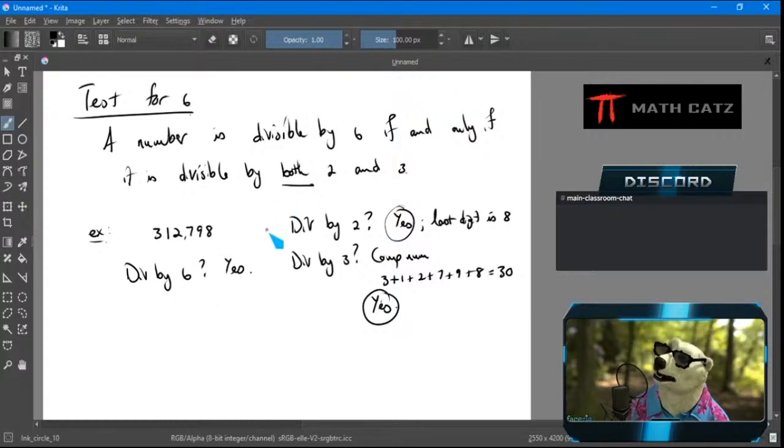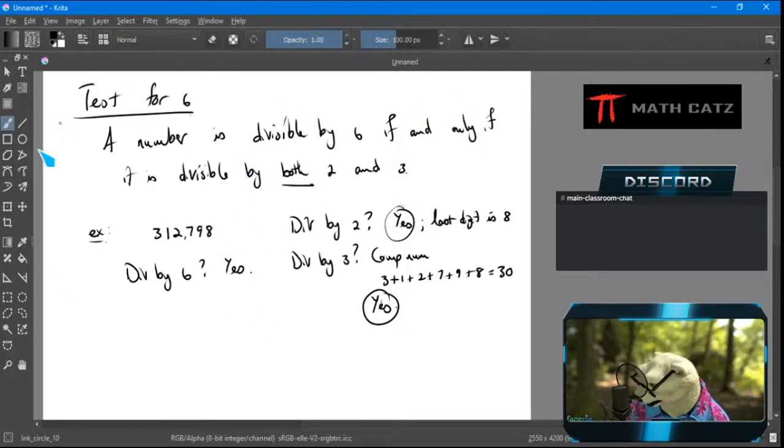Now, this isn't hard to remember, and certainly it has got something to do with the fact that 2 times 3 equals 6. But please don't read into this more. It is because of 2 and 3's relationship to each other, which I can't go into right now.